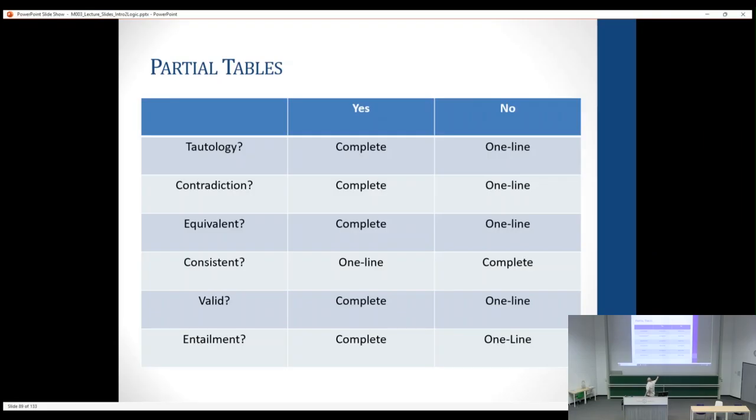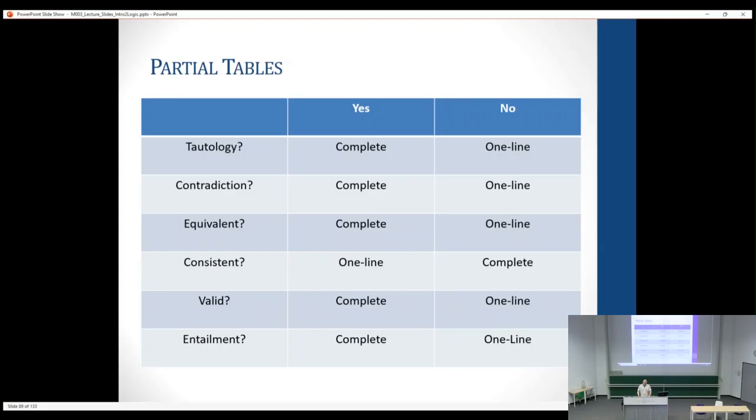The really fun one, though, is our last two. And I'm going to loosely talk about these as basically the same. If we want to show that an argument is invalid, or that a tautological entailment relation does not hold, we only need one valuation. Because we only need to come up with the one situation where the premises are true and the conclusion's false.